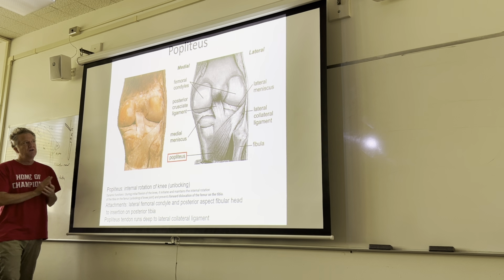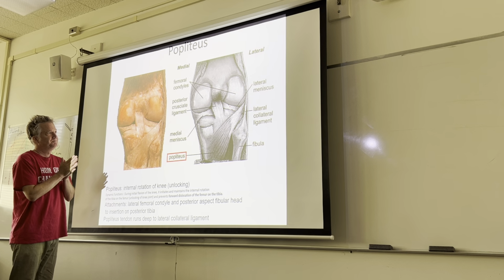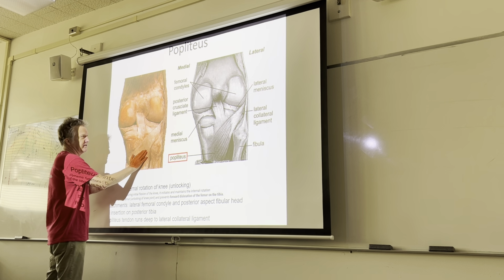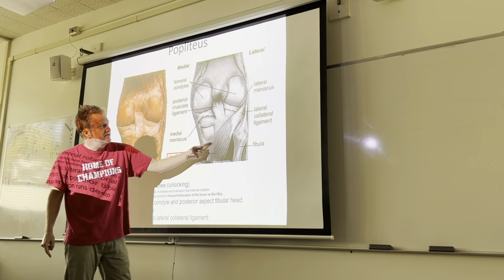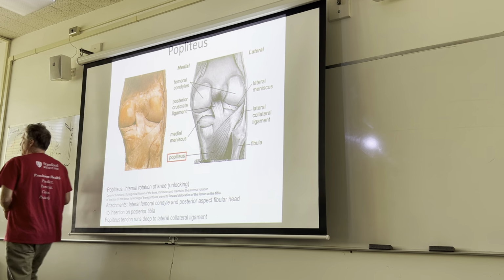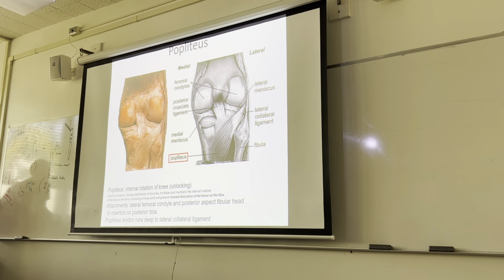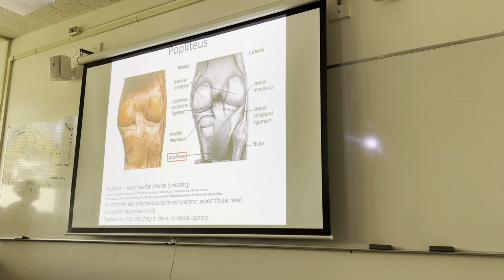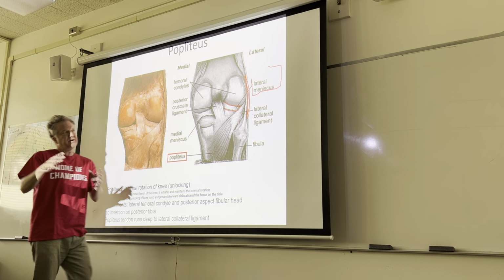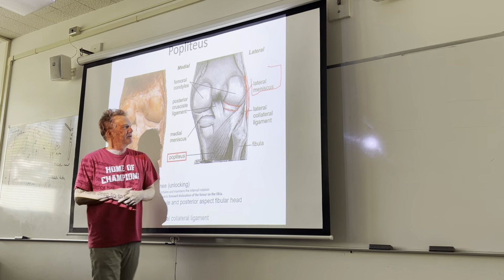As you follow popliteus laterally, its tendon courses between the lateral meniscus, you see it right here, of the knee, and the lateral collateral ligament, which is the major knee stabilizer in the lateral aspect. So it's separating the lateral meniscus from the lateral collateral ligament.